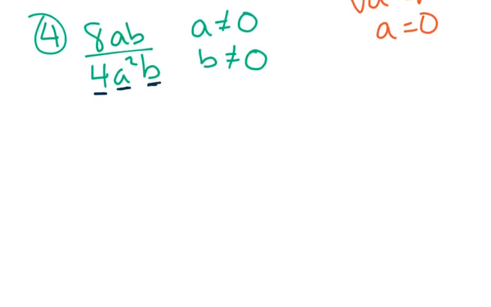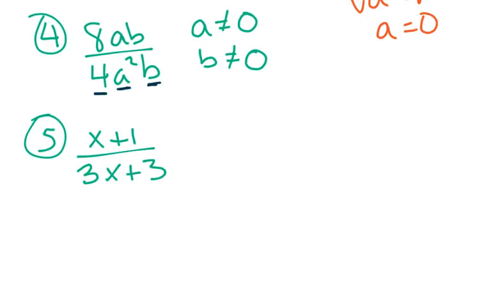Let's go to another one. x plus 1 over 3x plus 3. All right, now I can go ahead and factor out a GCF in the bottom. I see that I have a 3 in both terms, so this gives me 3 times x plus 1.